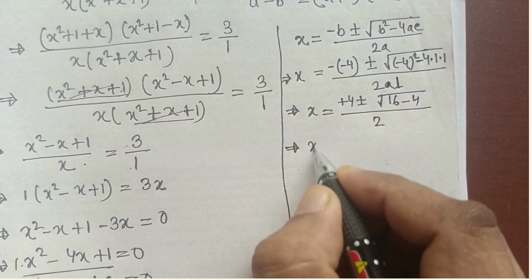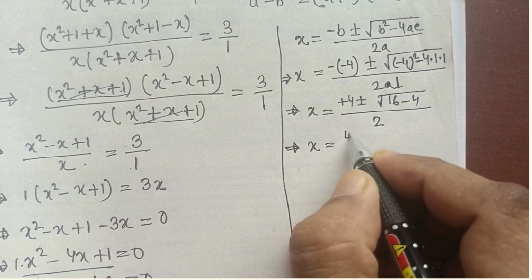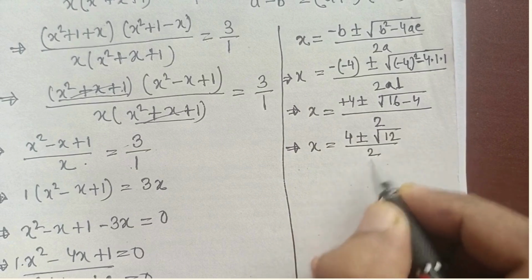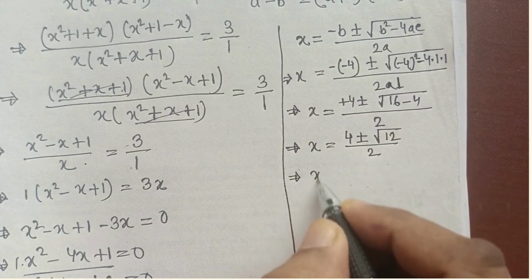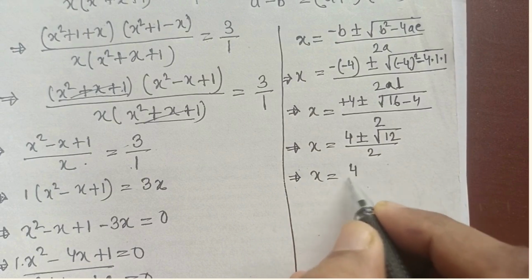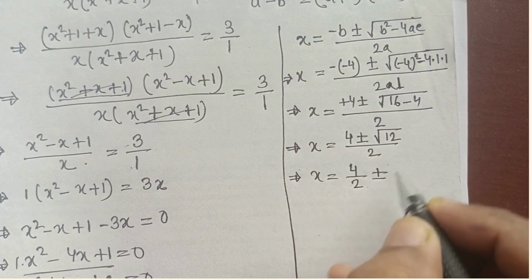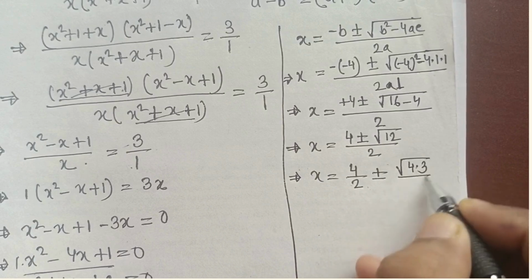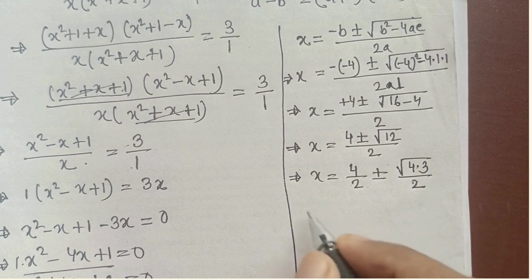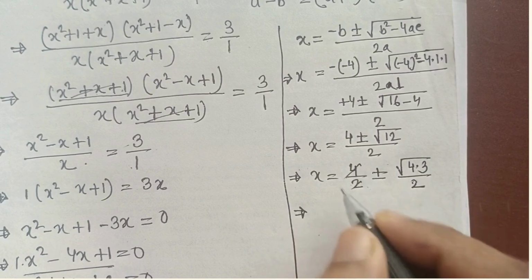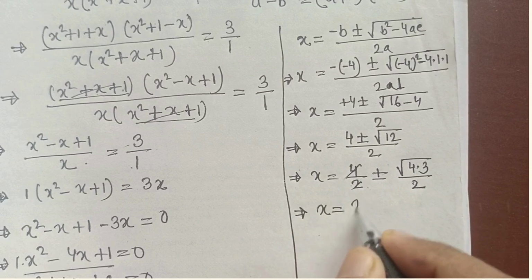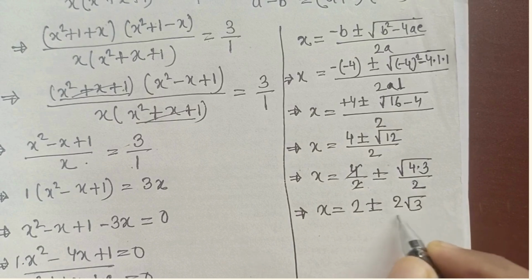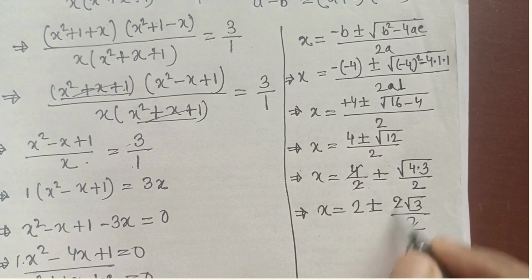Therefore x is equal to (4 ± √12)/2. Therefore x is equal to 4/2 ± √(4 × 3)/2. So x will be (2 ± 2√3)/2, and these 2 will be cancelled out.